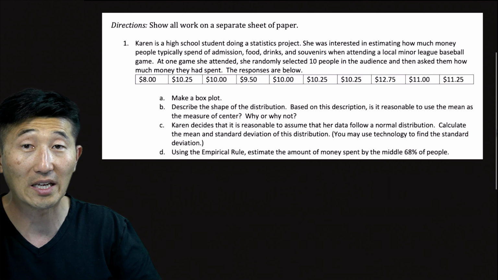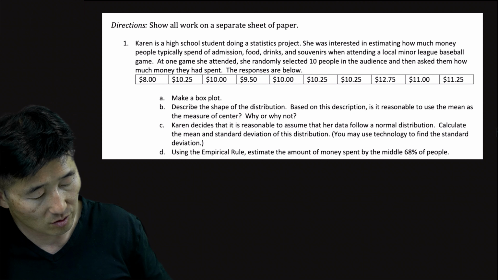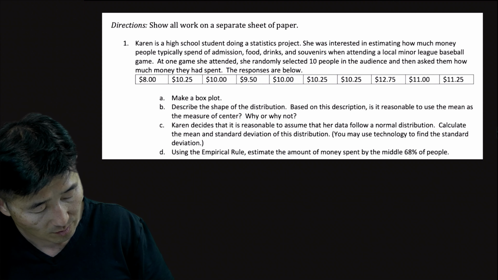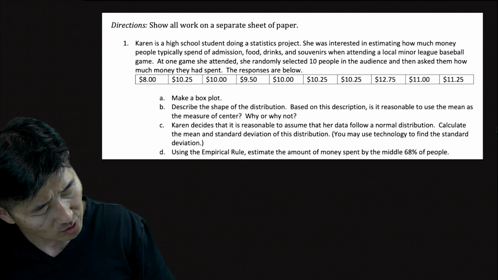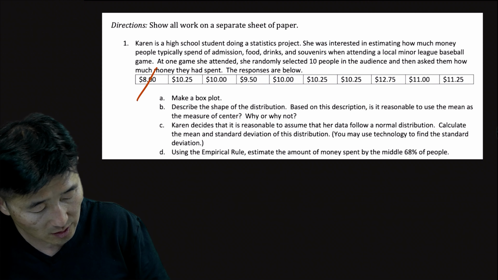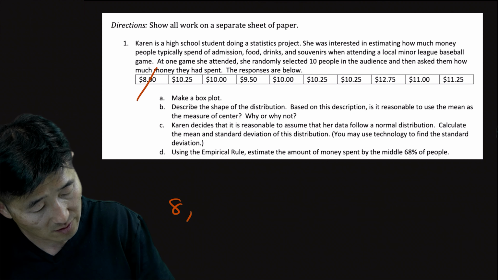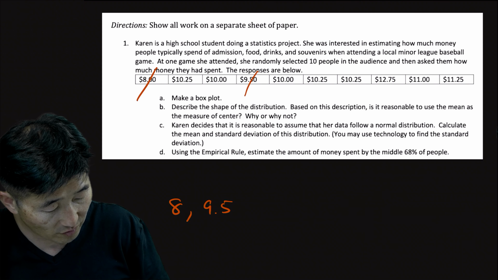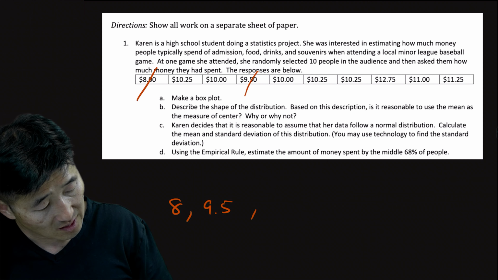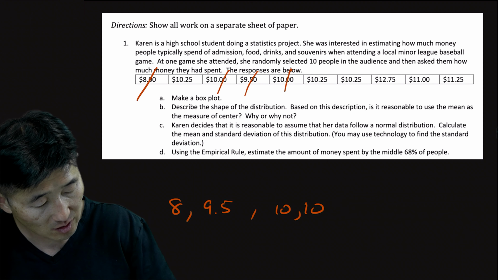First thing you want to do is write these numbers in numerical order from least to greatest. So I think 8 is the smallest. Yeah. So 8, and then 9.5, and then 10. There's 2 10s.